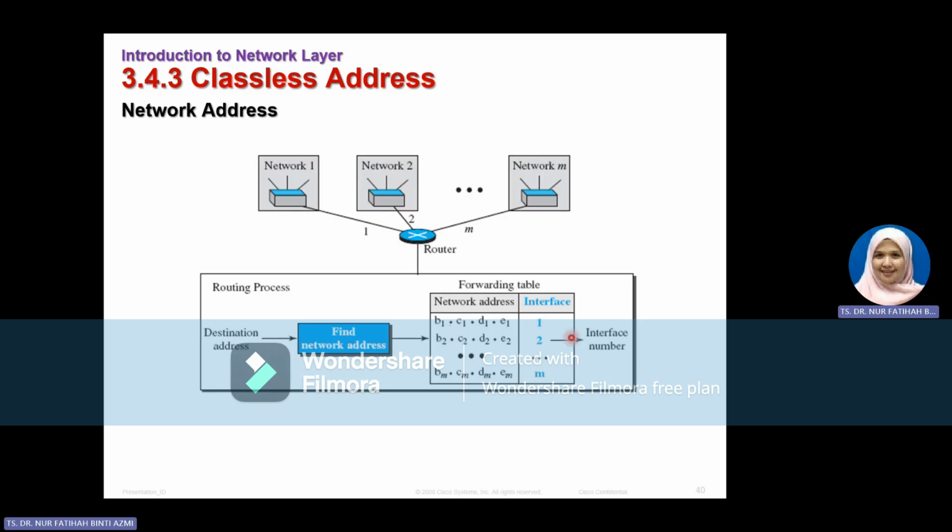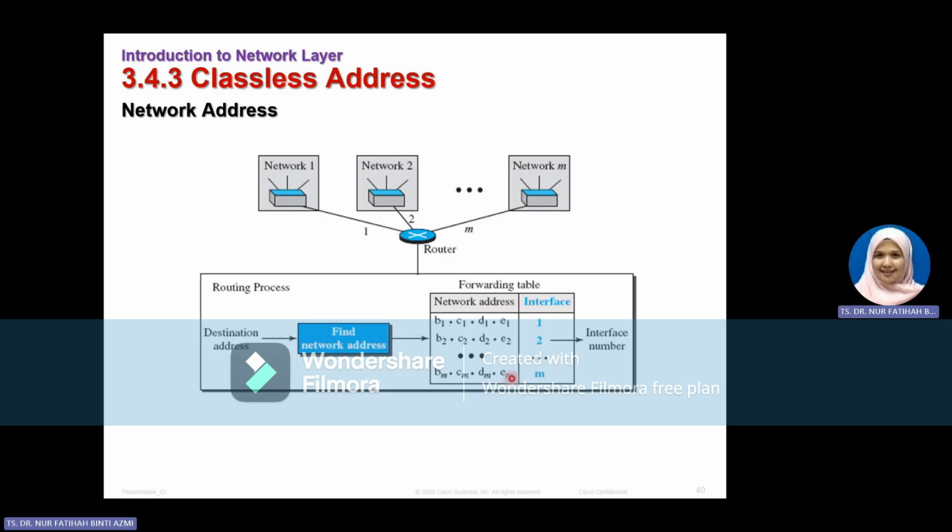An incoming destination address goes into the box labeled find network address. This box shows the router's action of extracting the network address from the complete destination IP address using the slash n information. The result from this find network address process is then used to look up the information in this forwarding table. As you can see here, there are two columns.